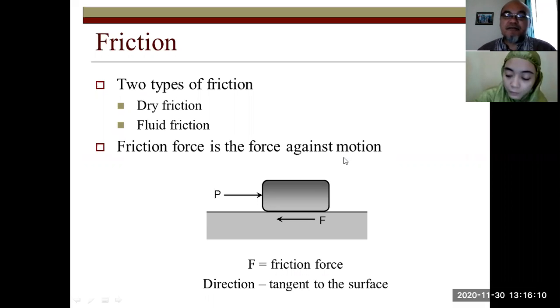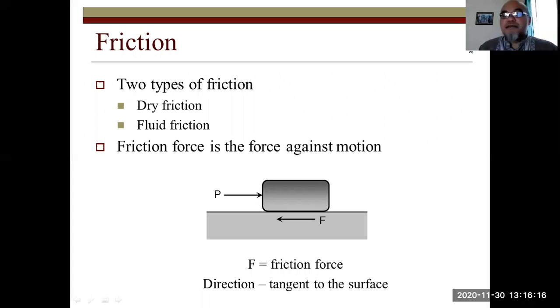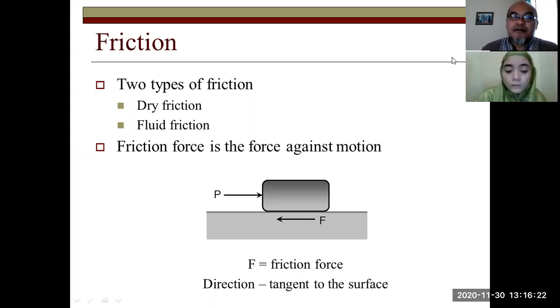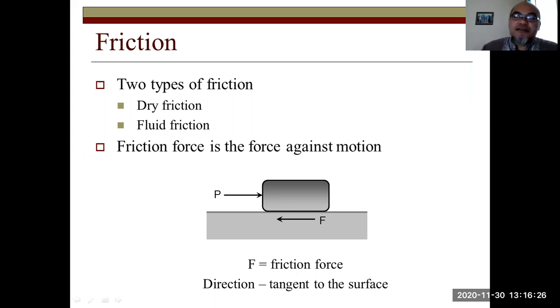We always assume, for example, in the pulley where the rope is being attached to the pulley, that there is no friction, so that the rope can slide easily on the surface of the pulley.